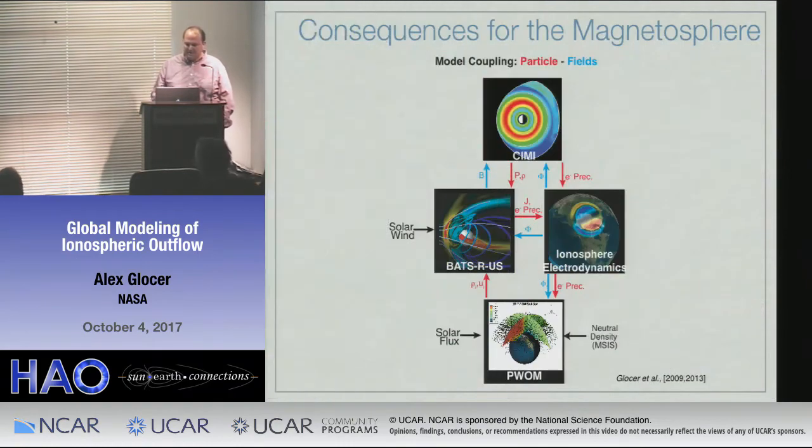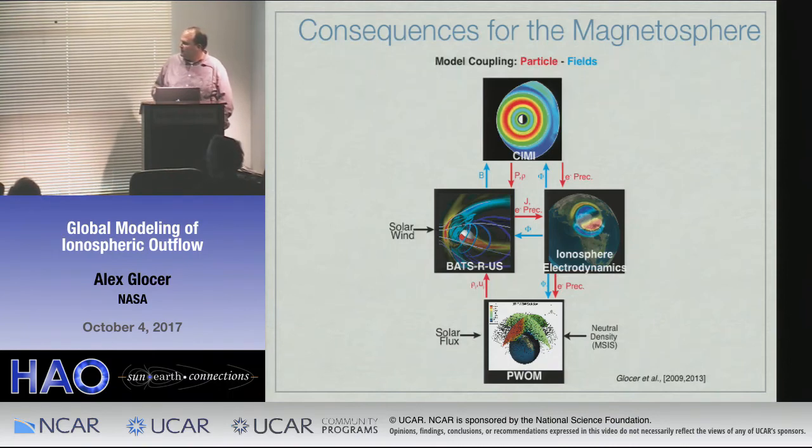So, the very last thing I want to talk about is kind of where I started. At the very beginning of this presentation, I was talking about why you care about the outflow, but I was mostly talking about the magnetosphere, that it's important for the magnetosphere. So I want to end by coming back to the magnetosphere. So how do you put this type of kinetic outflow model into a magnetosphere model?